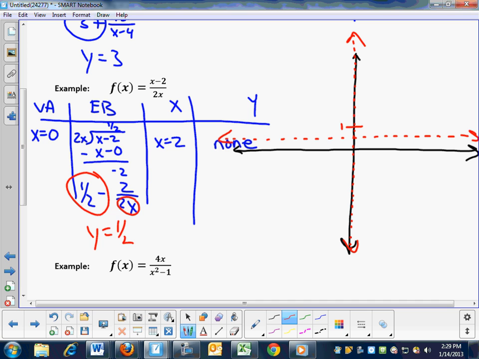The x-intercept is positive 2. There is no y-intercept. I don't have any points on the left-hand side, but I do have a point on the right. So if we look at the right-hand side, is the graph going to be in the top or the bottom? The bottom. So you could draw it like that.